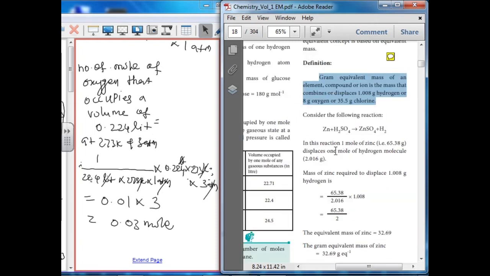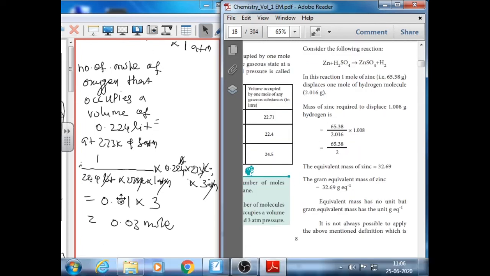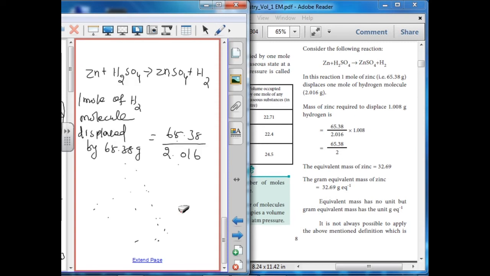Let us consider the following reactions. Now I am going to calculate the equivalent mass of zinc.